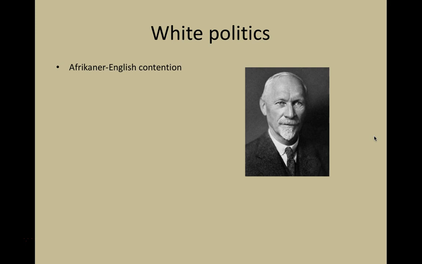There had long been, as we know at this point, Afrikaner-English contention, right? And even though there was a union in 1910 and there was a kind of compromise made as part of that union, the British came to support the policies of Louis Botha and Jan Smuts.